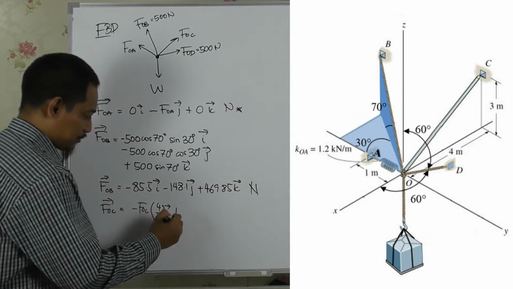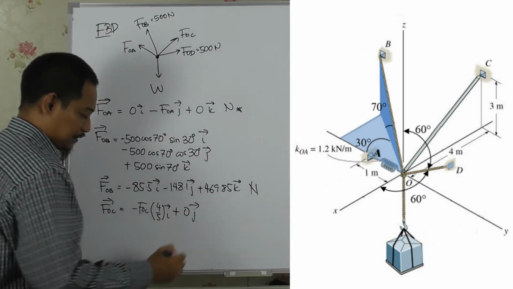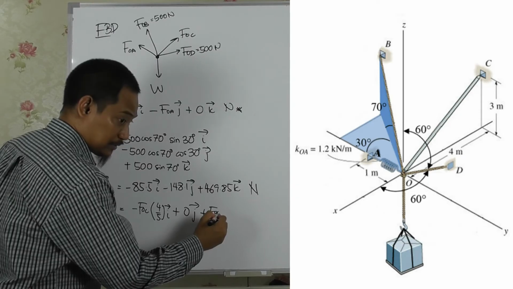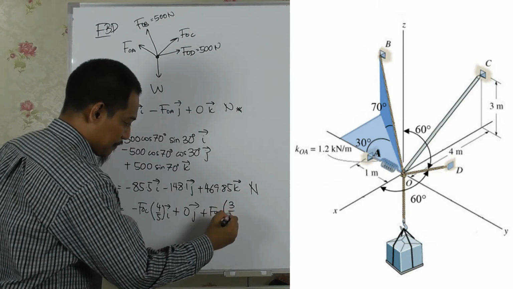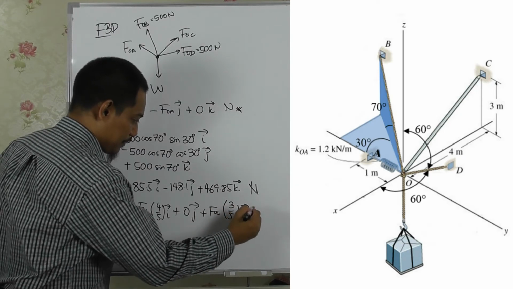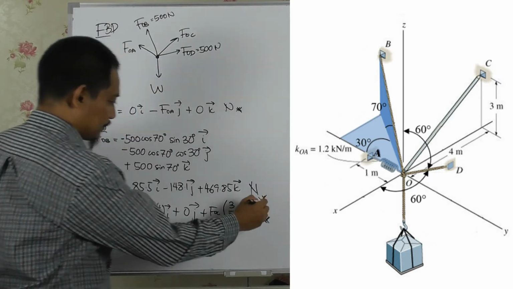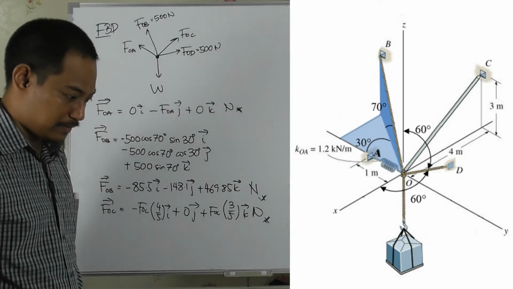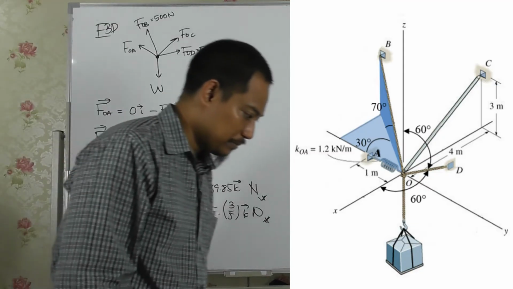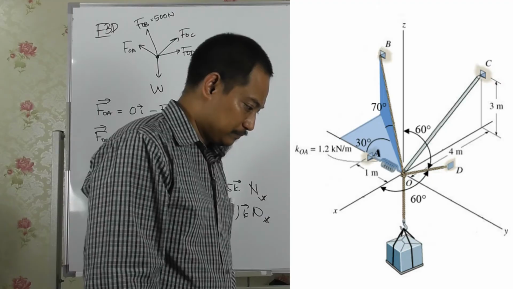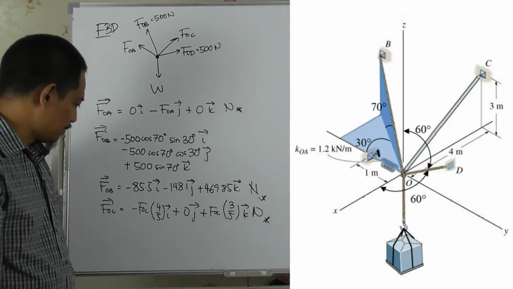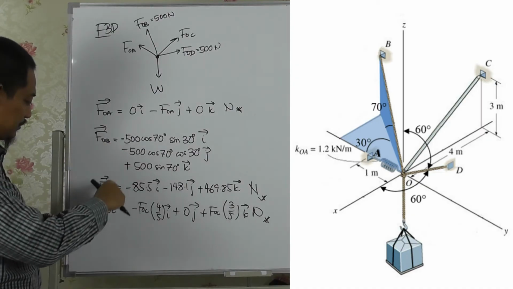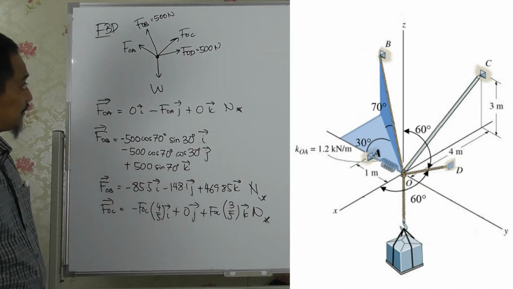The y component is 0, so plus 0 j, and the z component is plus FOC 3/5 k Newton. So that is basically FOC.